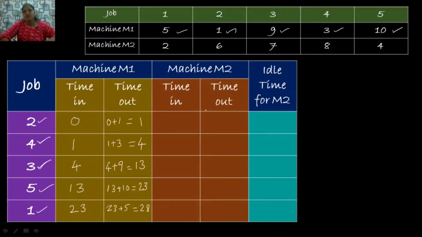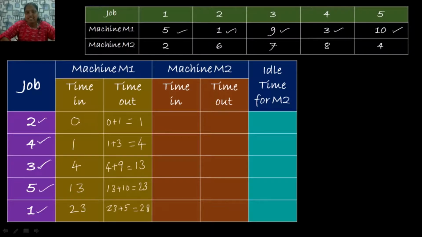So next, what we are going to do is complete the machine M2 processing times. Now the in time of job 2: after completing the processing time on M1, only then does job 2 enter into machine M2. Both of the machines start at 0 hour.